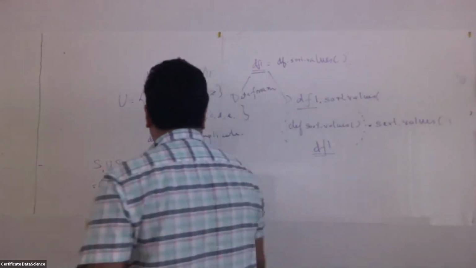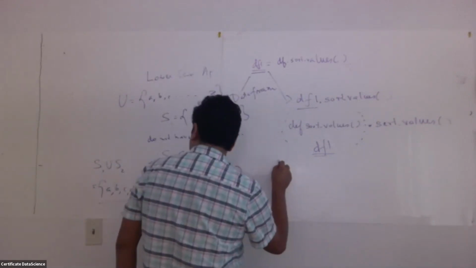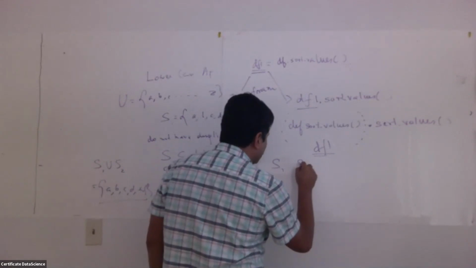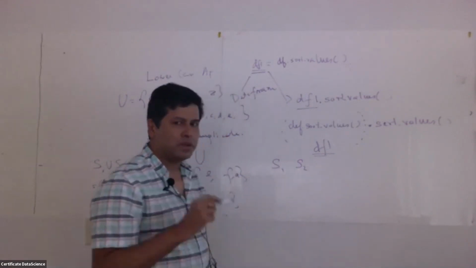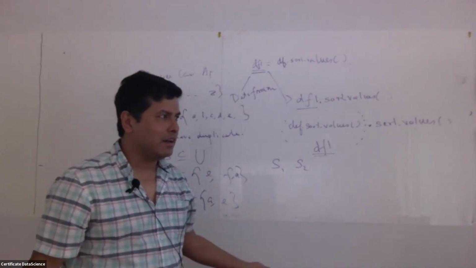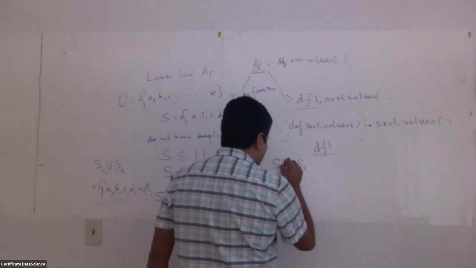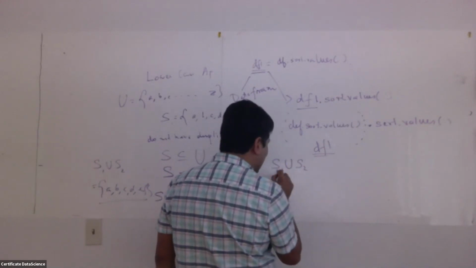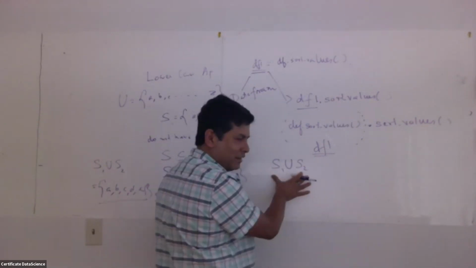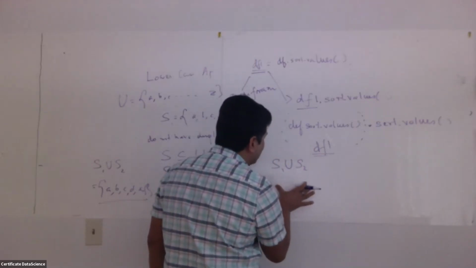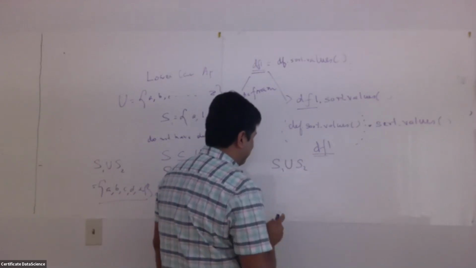Now let's go back to set. You have to ask: S is a set. S2 is a set. I know union is a binary operation. It can be extended, but at the end of the day, union has a meaning. It is also a set whose elements are in any one of them.